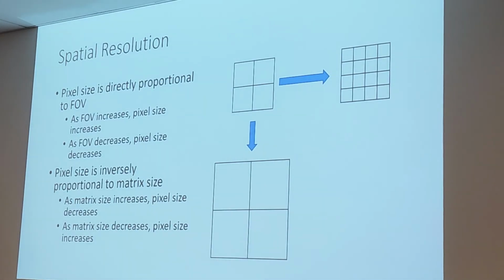Field of view is directly proportional to pixel size. Matrix size is inversely proportional to pixel size. It's right here. Oh, I wrote it wrong: directly proportional, inversely proportional.